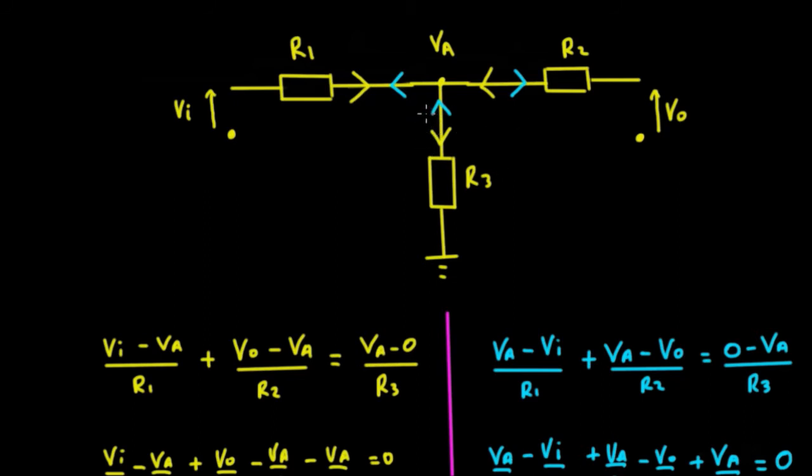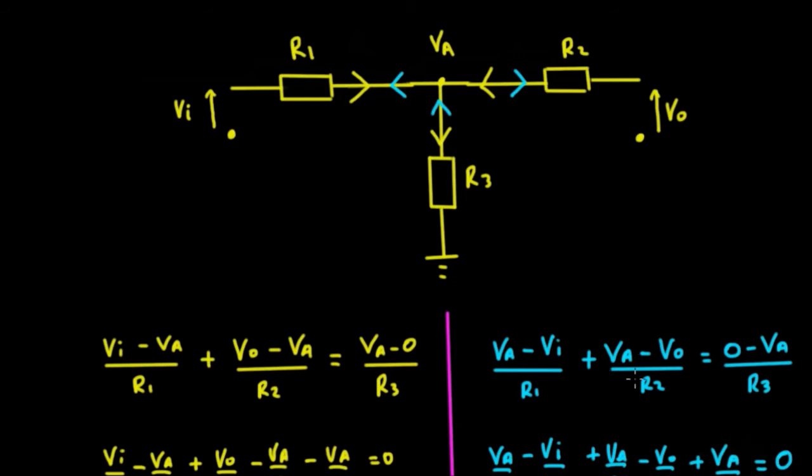So we could have defined it that the current is flowing up through R3 and out in the direction of R1 and the direction of R2. In which case we would be saying then that the current here, the blue one, is going to equal VA minus V0. So the current from VA to V0 is in that direction.